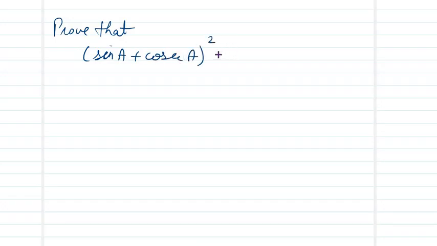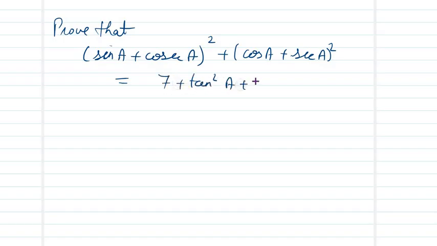Prove that (sin A plus cosecant A) whole square plus (cos A plus secant A) whole square equals 7 plus tan square A plus cot square A. If you want, you can try this problem before looking at the solution. Now here is the solution.